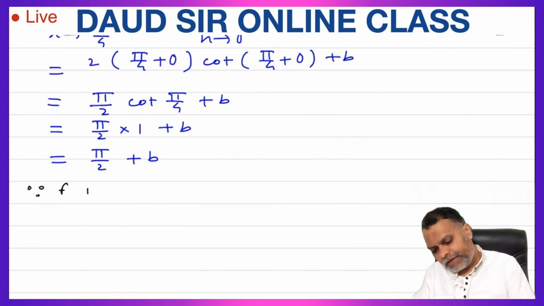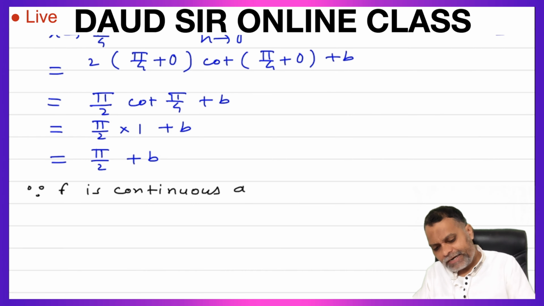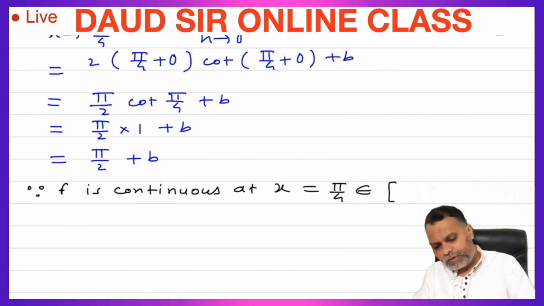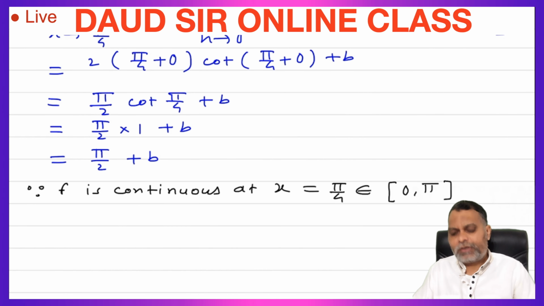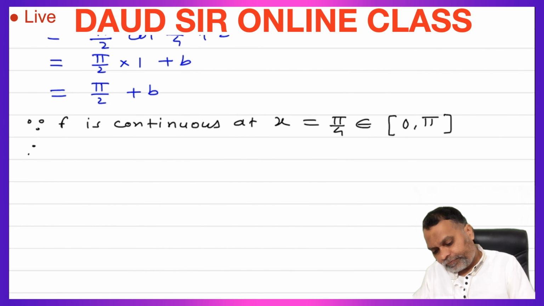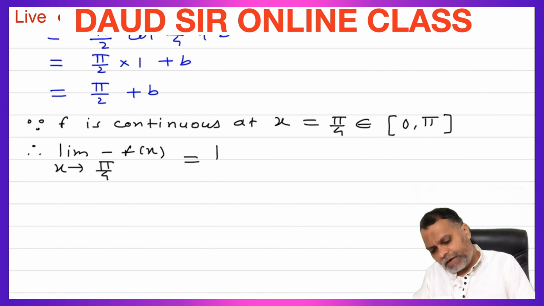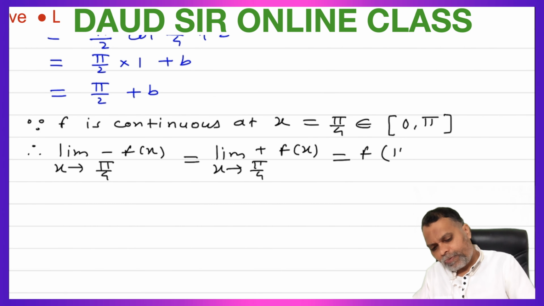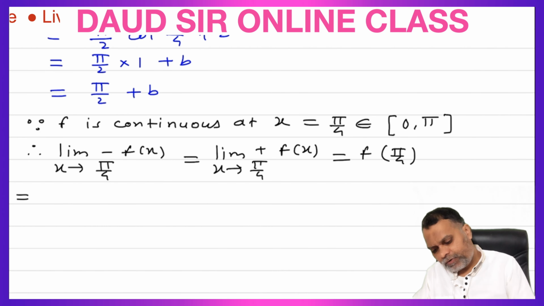Since f is continuous at x is equal to pi by 4, and pi by 4 belongs to closed interval 0 to pi, therefore left hand limit x tends to pi by 4 minus f of x is equal to right hand limit is equal to f of pi by 4. Substitute values.